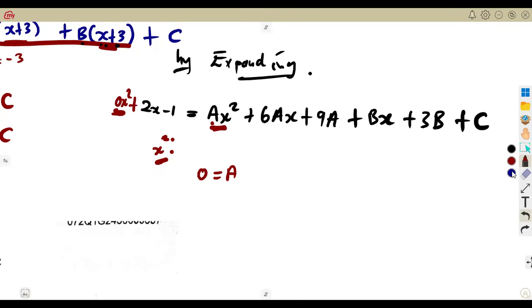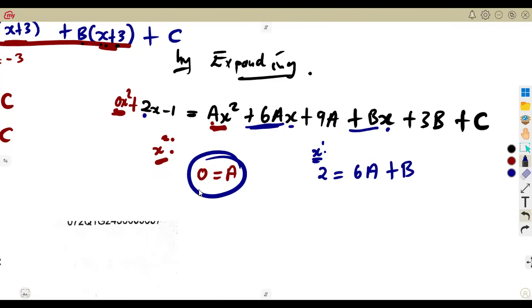So moving on to the coefficient of x. What is the coefficient of x here? 2. So 2 is supposed to be equal to the coefficient of x on the other side. There is x here. What is the coefficient of x? 6a plus b.